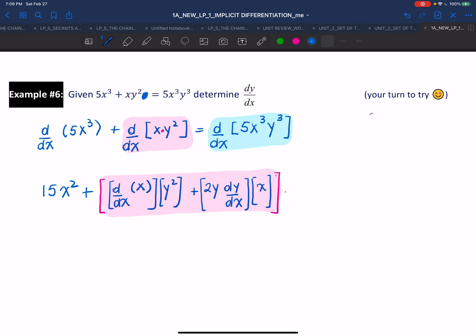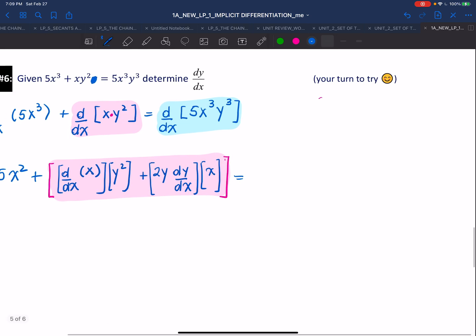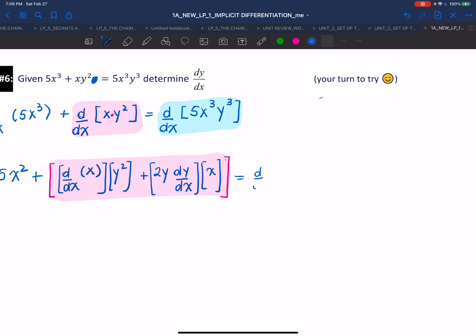So on the other side, we'll have d dx of 5x to the power of 3 times the other factor, y to the power 3, and then plus, so remember that again we have product rule, right?